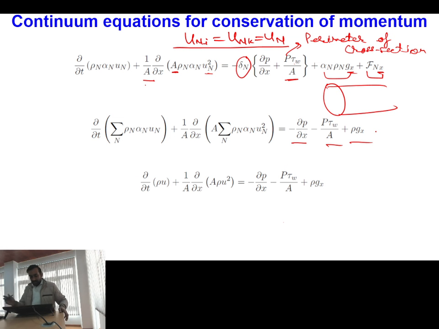So this is the simplified version, because when you are doing area averaging, rho n into alpha n can be written as the mixture density times u, and A times mixture density times u square. Okay. So this is the simplified equation for 1D flows. The only thing you need to do is substitute the mixture density over here.